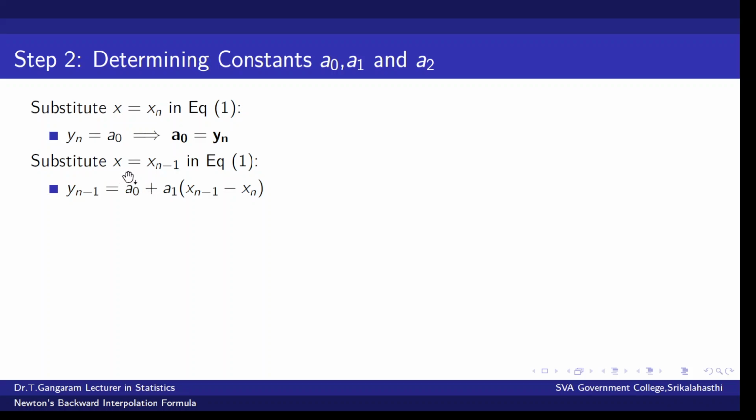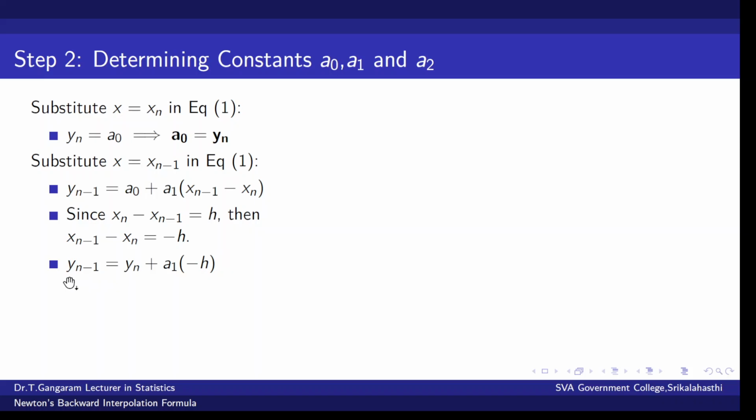Substitute x is equal to xn minus 1 in equation 1. Two terms remain; the remaining terms became 0. So yn minus 1 is equal to a0 plus a1 into (xn minus 1 minus xn). Since these are equidistant arguments, xn minus xn minus 1 is equal to h, then the reverse, xn minus 1 minus xn, is equal to minus h.